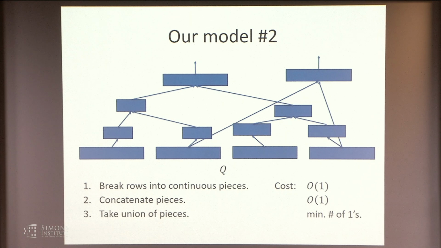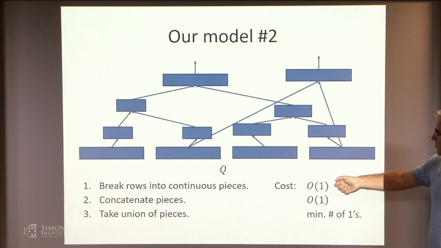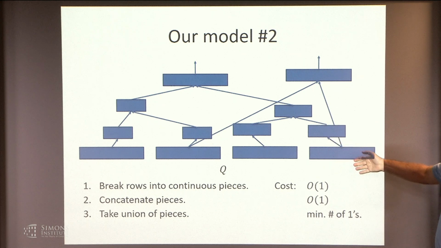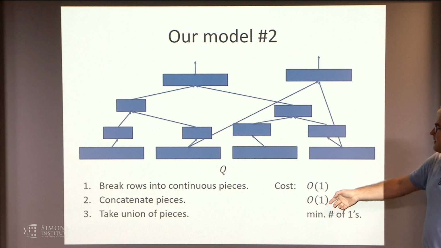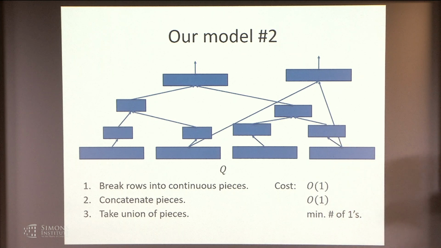how would I charge you for these operations? For proving lower bounds, you want to charge as small a cost as possible for the lower bound to be meaningful. And from an algorithmic perspective, you don't want to be more expensive than what you could charge in a real algorithm. So if you charge constant for breaking a row into continuous pieces, constant for concatenating pieces, that's algorithmically reasonable.